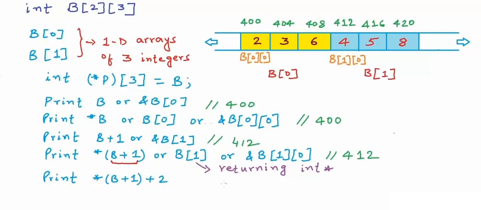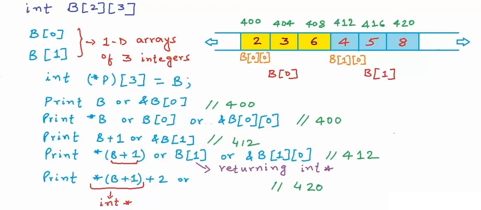Adding 2 here is performing pointer arithmetic because *(B plus 1) is a pointer to an integer storing this address 412. Adding 2 is basically going to the address of the next to next integer, which means skipping 8 bytes and going to reference the integer at address 420.